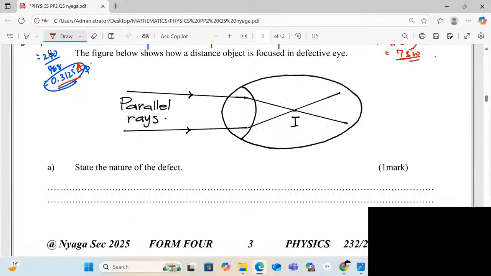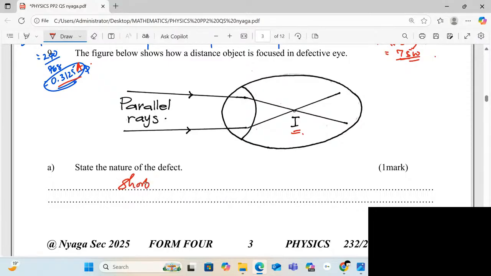If you look at this one, we are having a ray from very far, meaning that it's a distant object. But the image is formed in between, in front of the retina, in this position. This means that this person can see clearly what is near and not what is far. And this is said to be short sightedness.